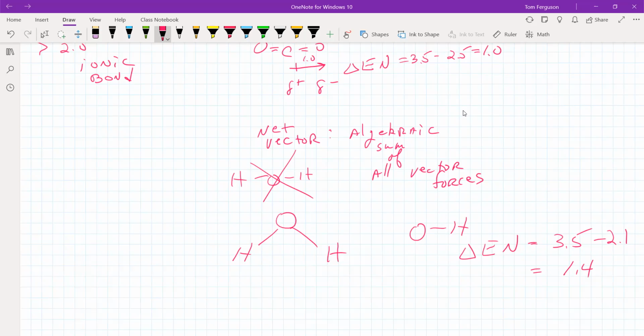That's pretty polar. Okay, so we have a vector now on one leg, and the vector on the other side is the same thing. Now remember, it points to the one the most electronegative between the two.